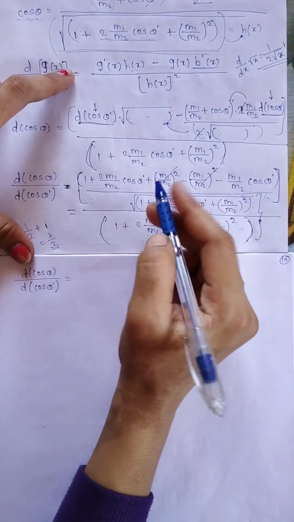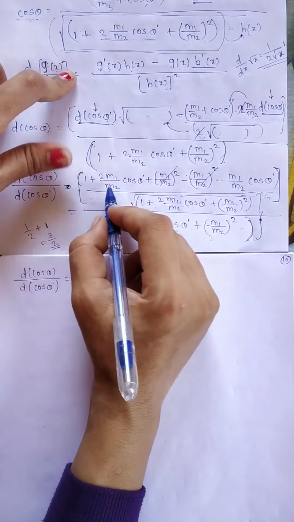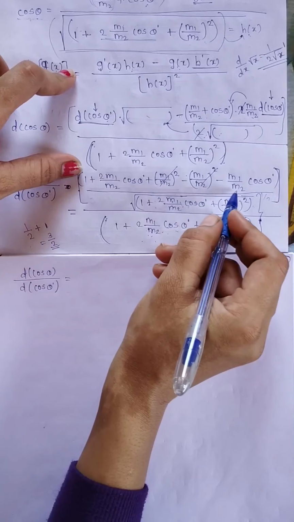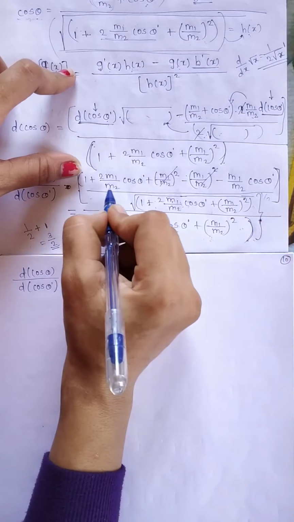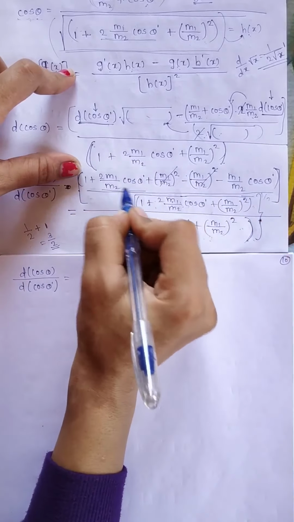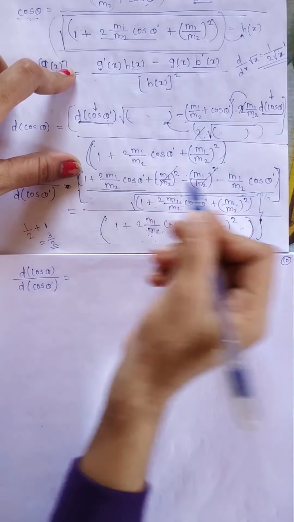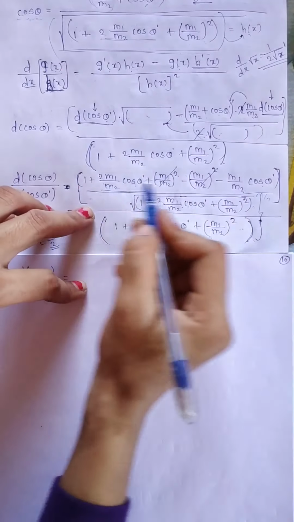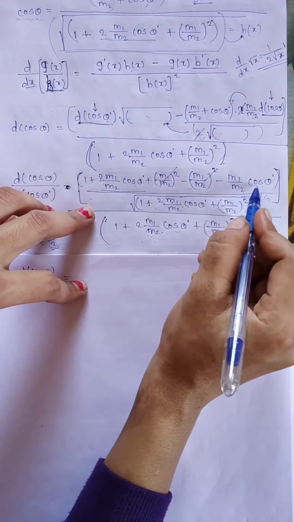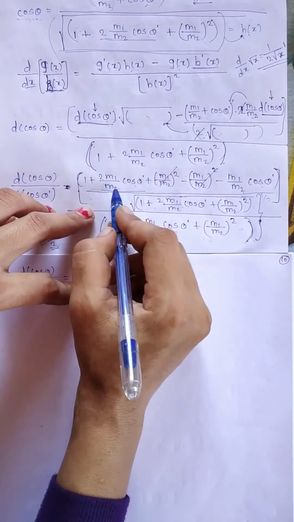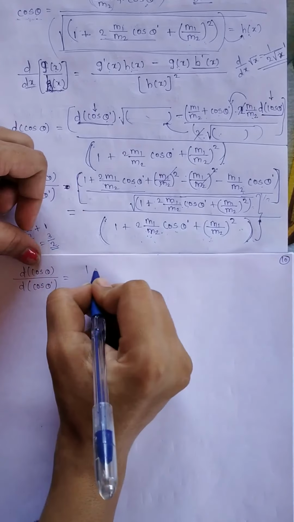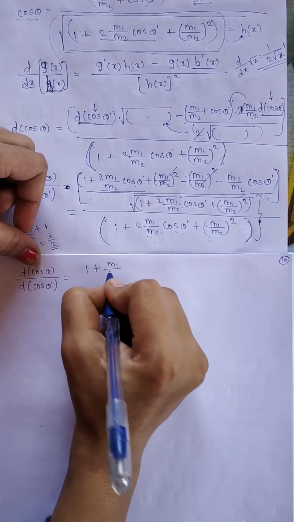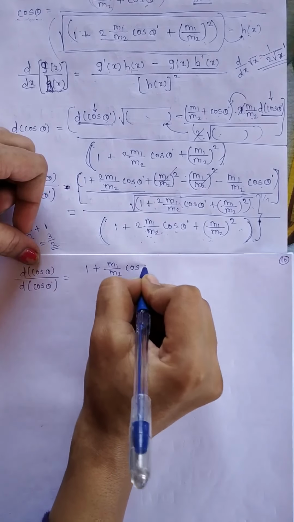So what is the remaining term? Again, this is 2m1 upon m2 cos theta dash minus m1 upon m2 cos theta dash, means 2 minus 1 into m1 upon m2 cos theta dash.